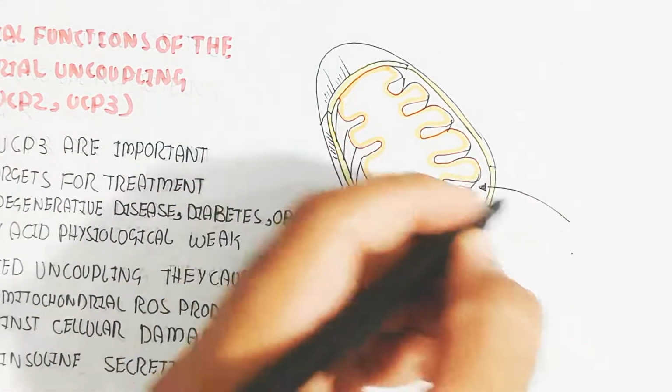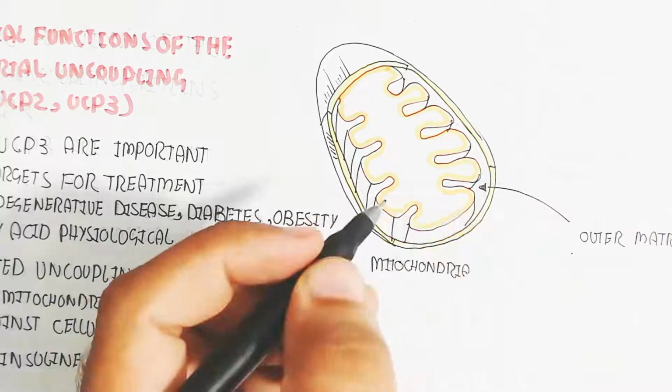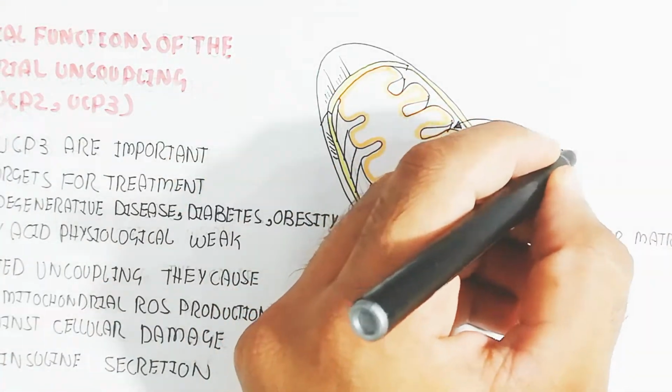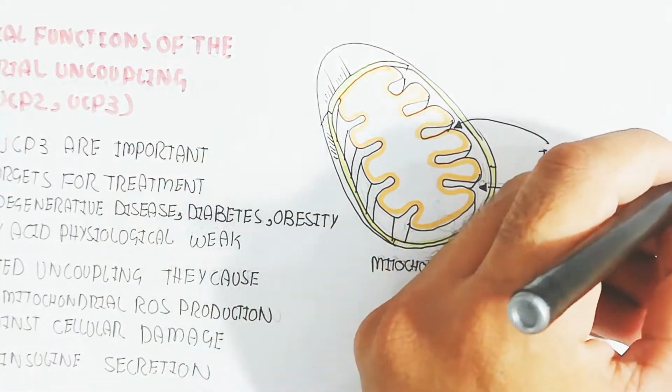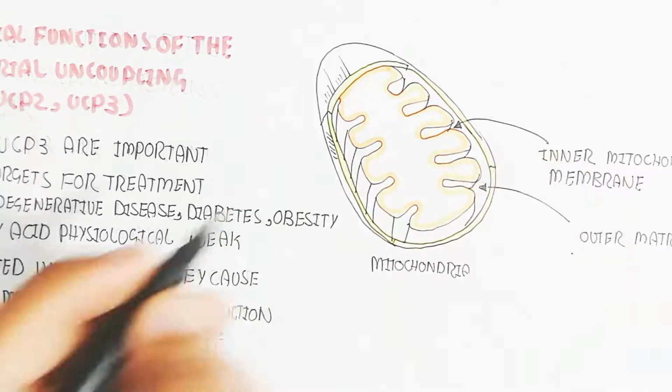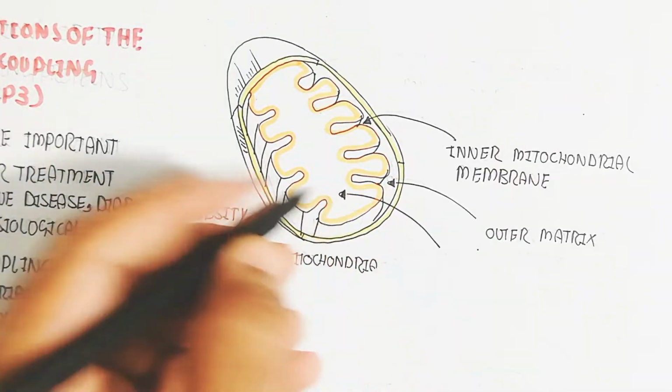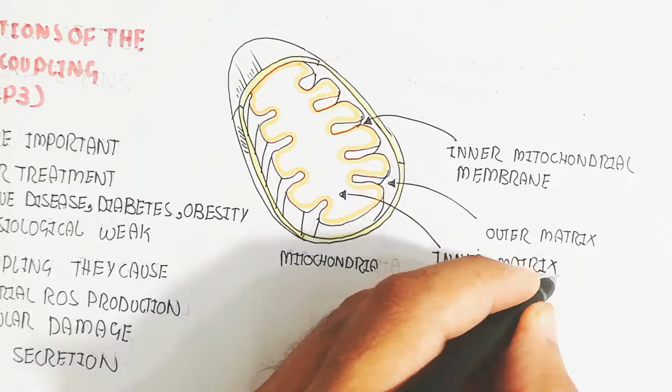So this is the mitochondria. Let's begin to understand further. Here is the outer mitochondrial membrane, and this is the inner mitochondrial membrane, and here is the inner matrix.